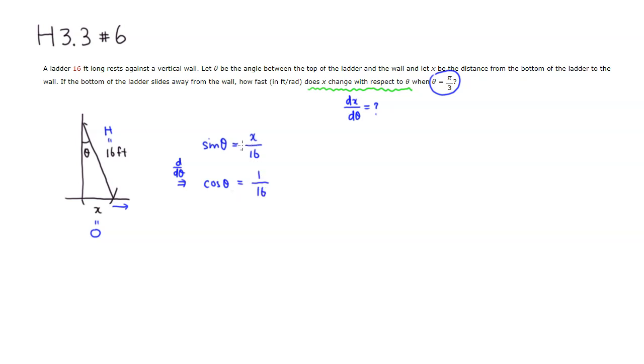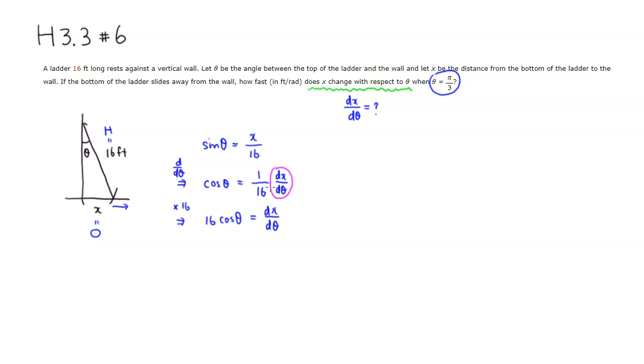Then the derivative of x with respect to theta is dx over d theta. So what we want is dx over d theta, so we can simply multiply both sides by 16, so that we know that 16 times cosine of theta is dx over d theta.